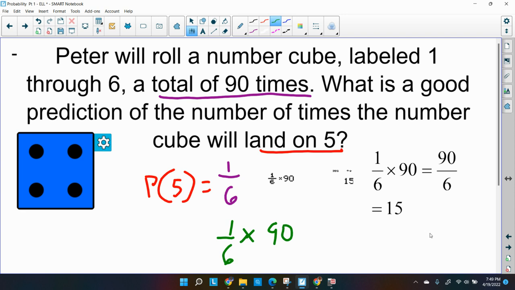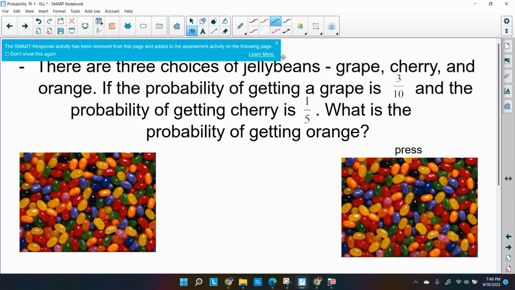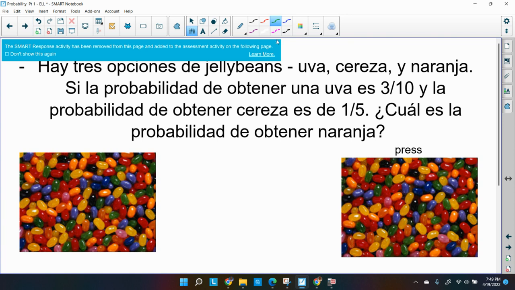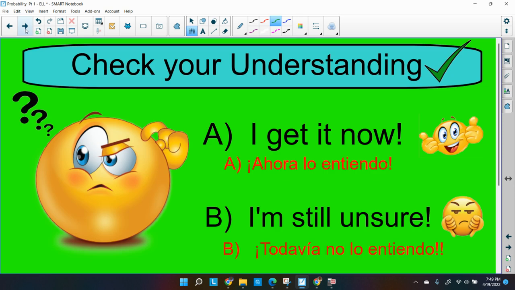And in class, we're going to be actually rolling a cube, see if this works out for anybody, if they'll get 15 5s. So this is a very nice subject. I love probability. And we even have a question here about jelly beans and the probability of getting orange jelly beans. So take a look at it because I'm going to stop right there because I'm ready for the other probability, experimental probability. So I hope you're doing good with what's going on in the video.